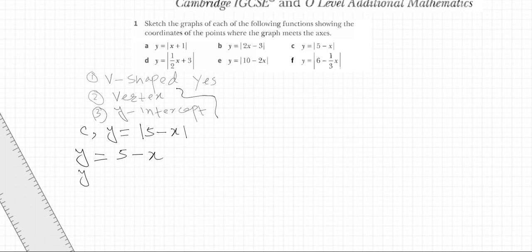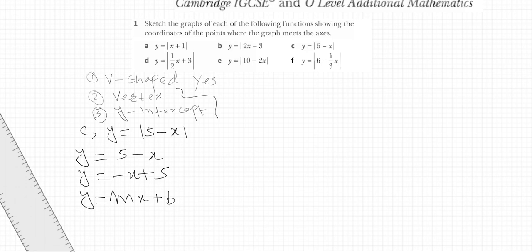First change the order. This is 5 minus x, we can write this minus x plus 5, both are same, no change. Then compare this equation with the general equation of a straight line, y is equals to mx plus b.